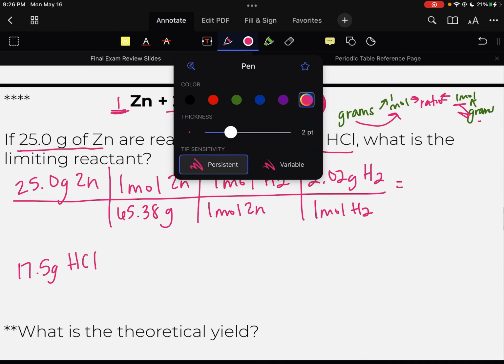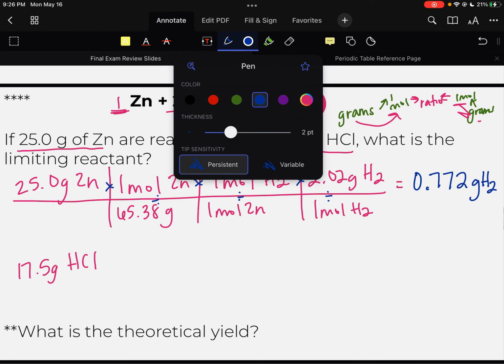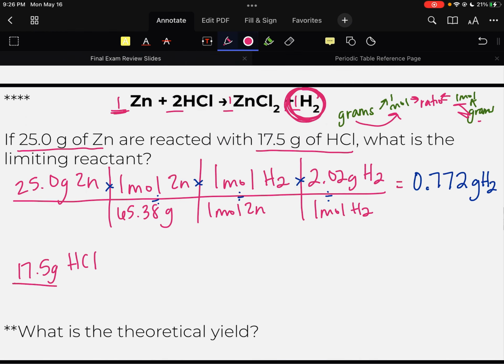So now I can go through, remember everything on the top, we're multiplying, and then we divide by everything on the bottom. I get 0.772 grams of H2 for that one.